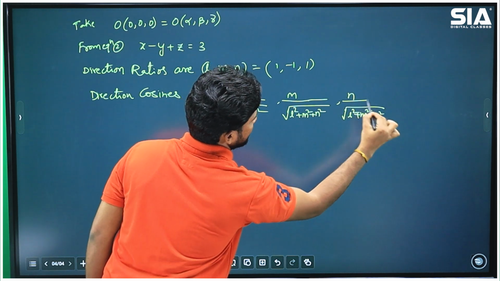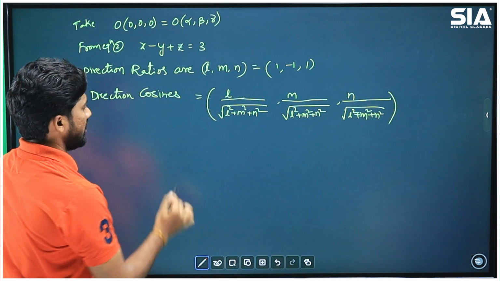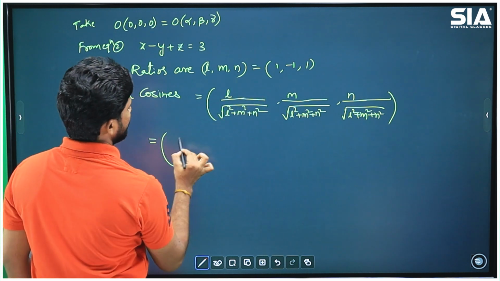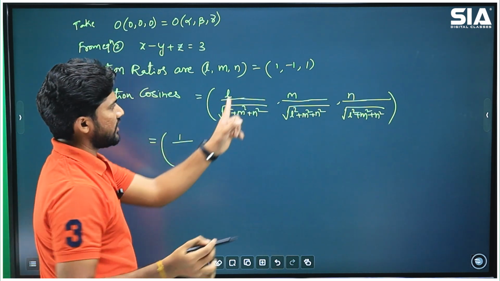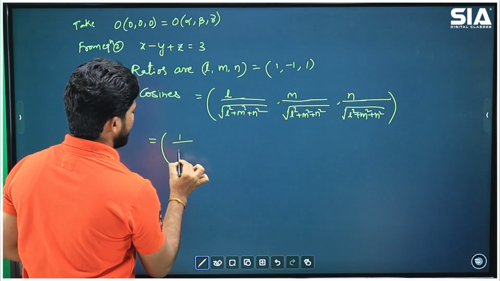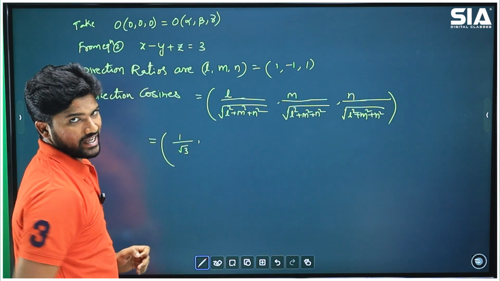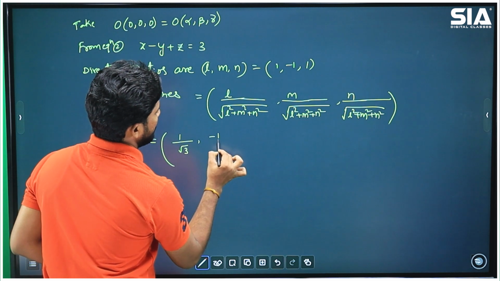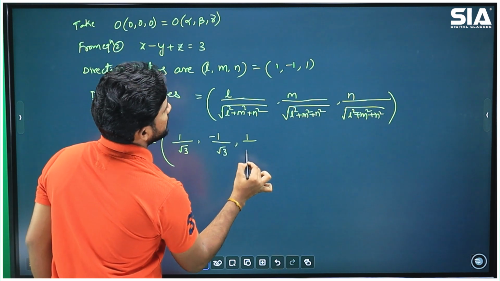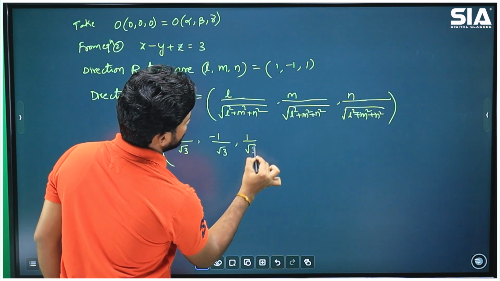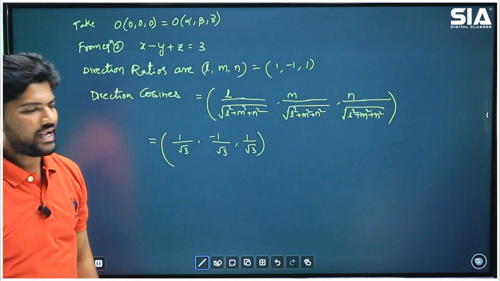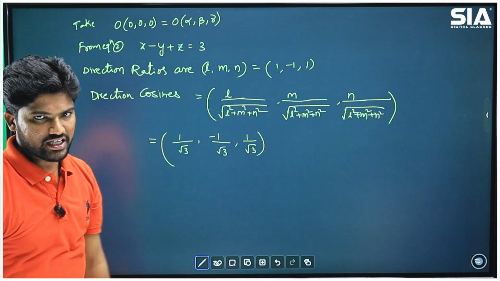This is the formula for the direction cosines. Now by using those values, l value is 1 by under root of the sum of squares, which gives root 3. Directly I am writing: m value minus 1 by root 3, n value 1 by root 3. These are the direction cosines of the given plane.